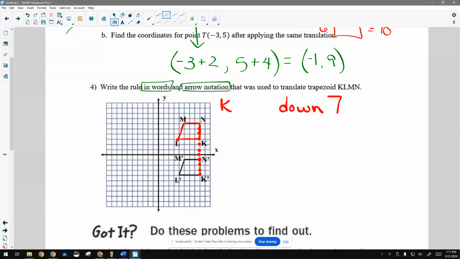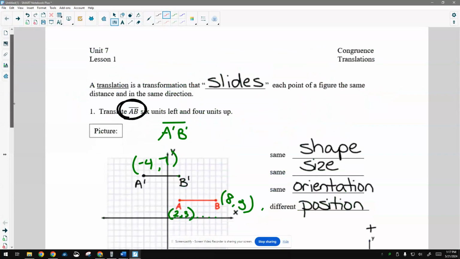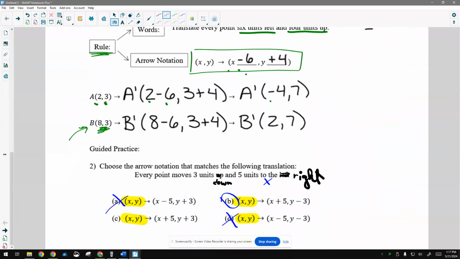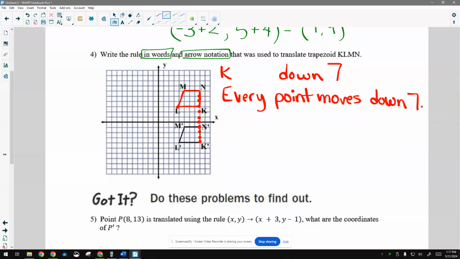L went down 7. So all we would say is, you have to use the words they use, every point moves down 7. This time we didn't go left or right at all. So that's the words part.